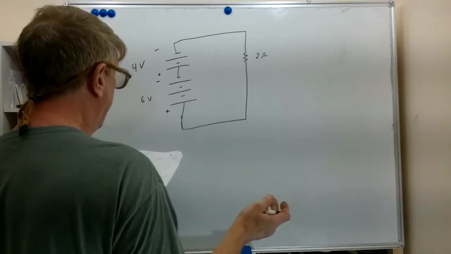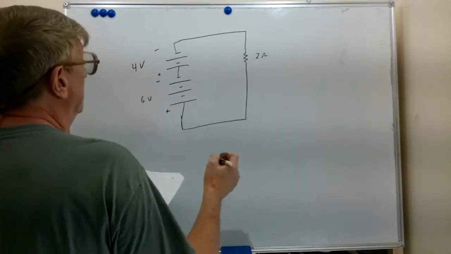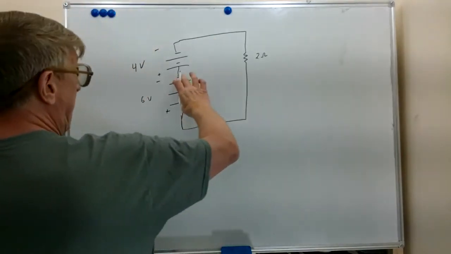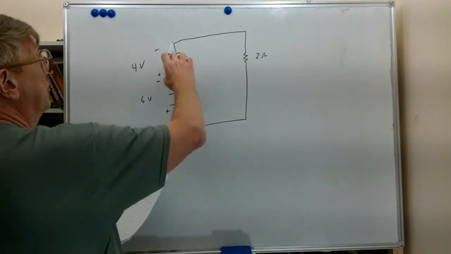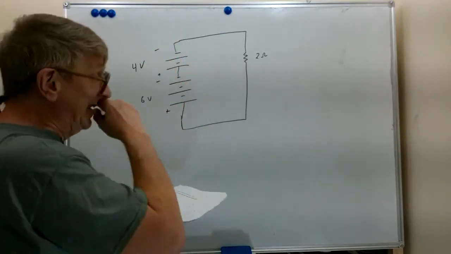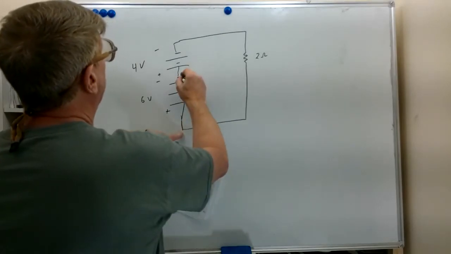There's more than one way we can calculate this. We're interested in finding the current. We add these two voltages together. You notice the polarities are plus to minus. They're what you call series aiding. If we start at the bottom here, we would get 6 volts negative.